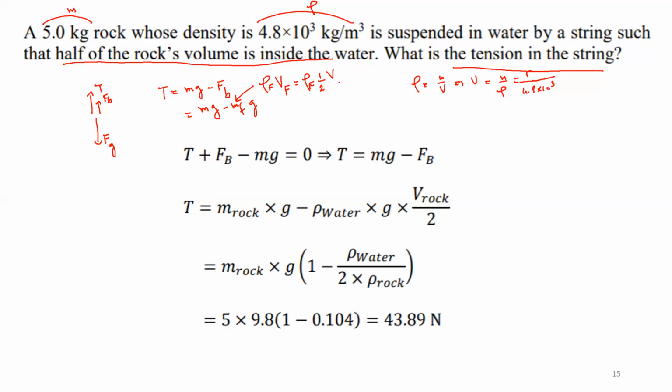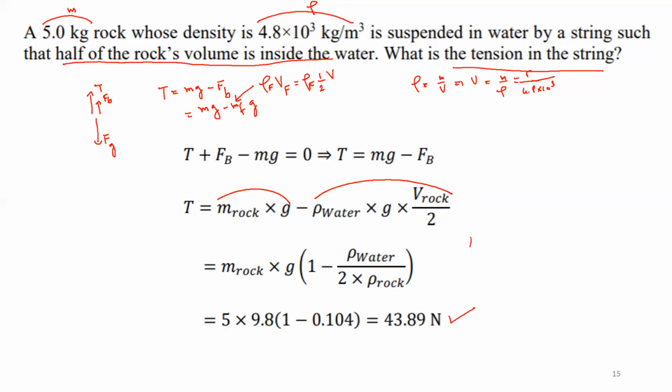So this is what we did here. So this is gravitational force, mass of the rock g, and this is a buoyant force. Okay. Rho water, this is rho f, multiplied by volume vf, which is half volume of the rock. And then multiplied by g, of course. So you work it out and you get the tension is equal to this.